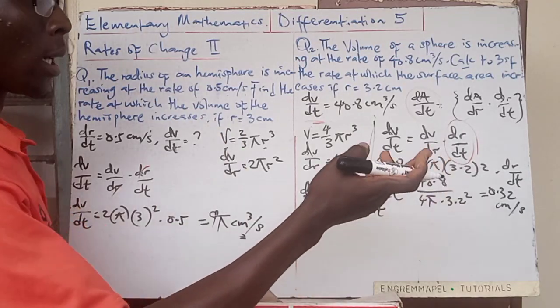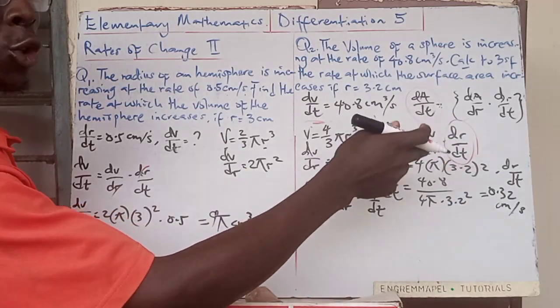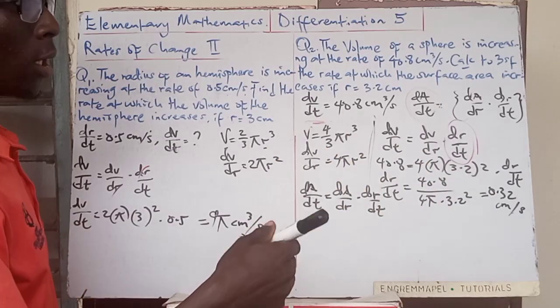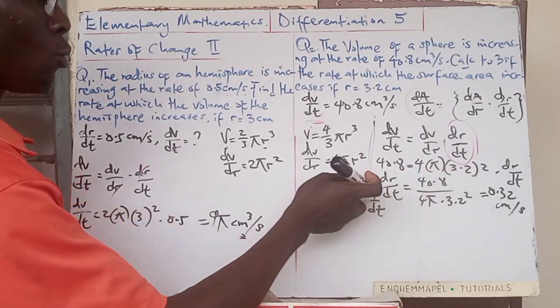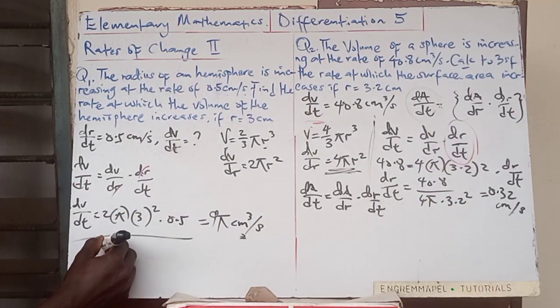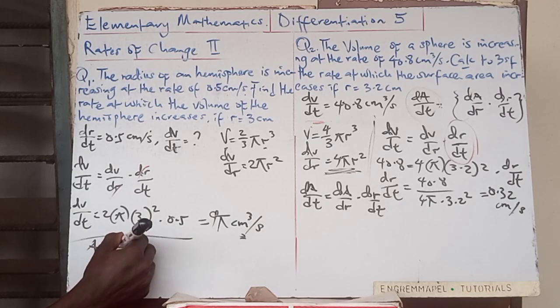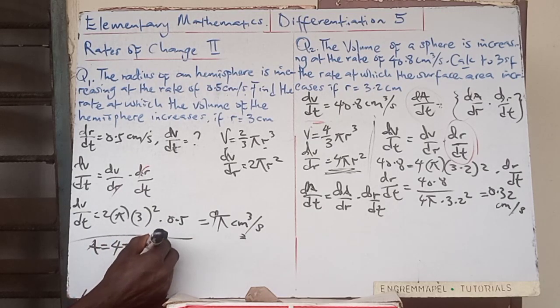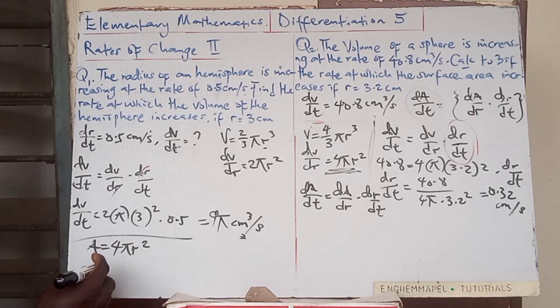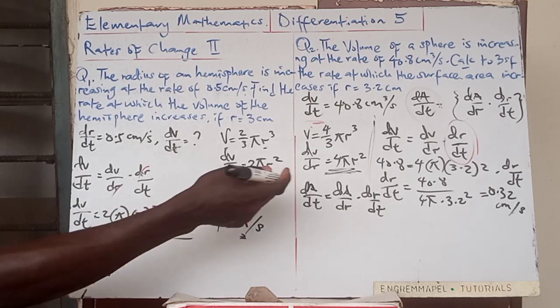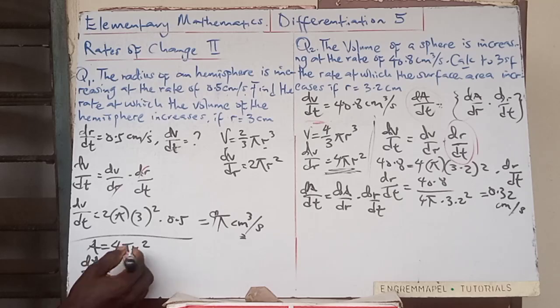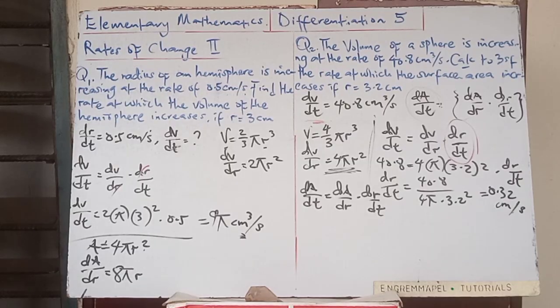The area of the sphere is 4 pi r squared. So now you differentiate it to get your dA/dr. It will be 2 multiplied by 4, that will be 8 pi r, since 4 multiplied by 2 is 8 according to differentiation.